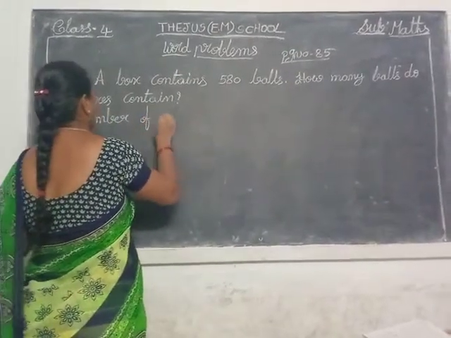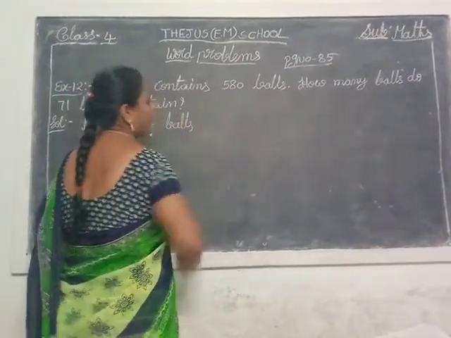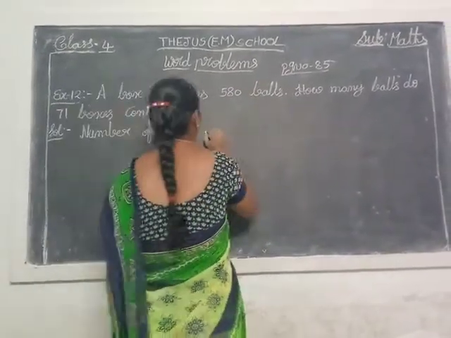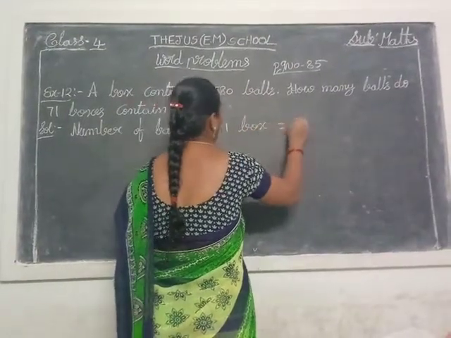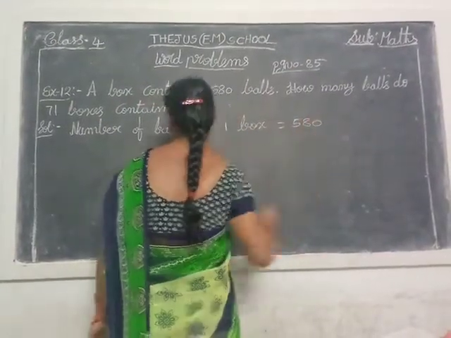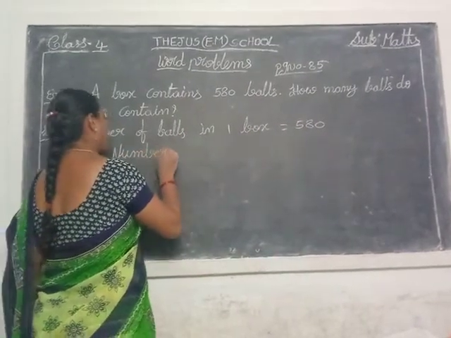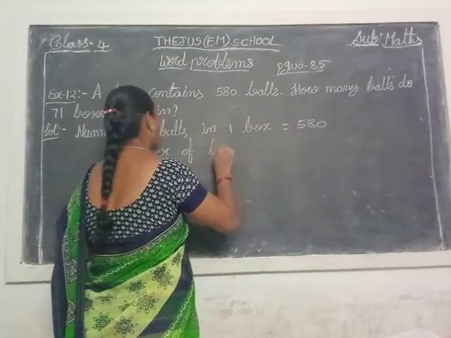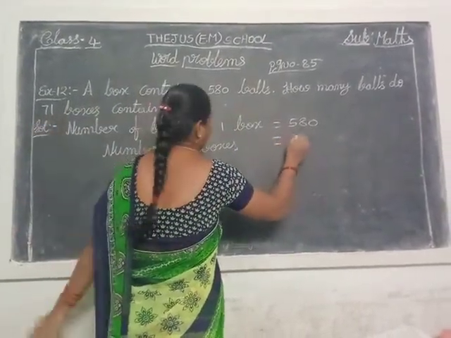Number of balls in one box. 580. Okay, number of boxes. Number of boxes. How many? 71.